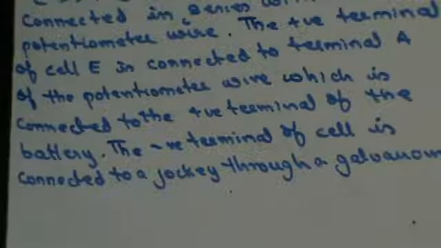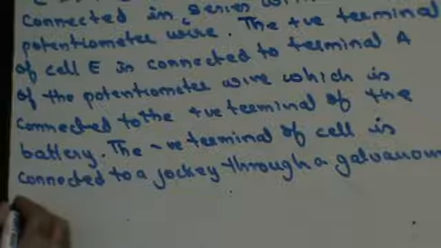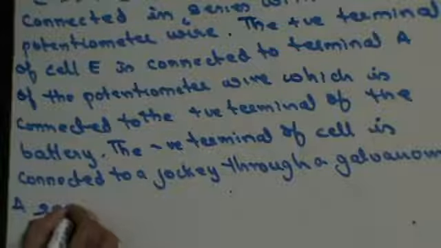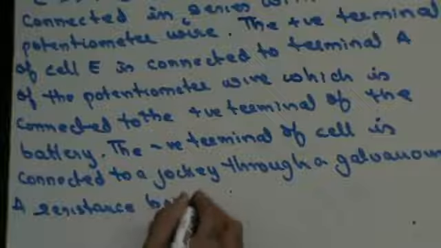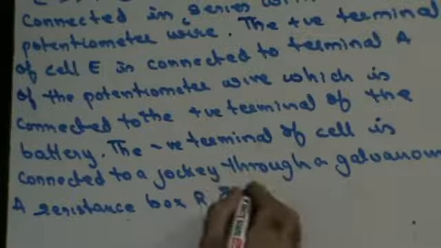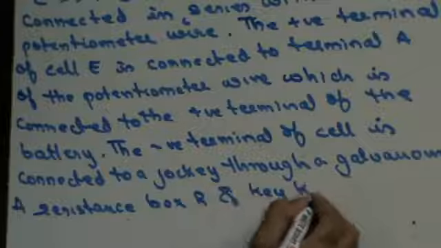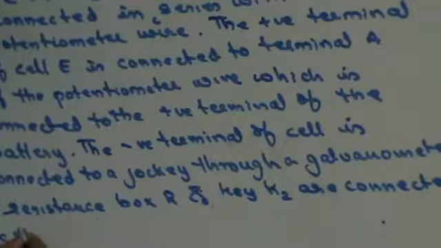Now, a known variable resistance, that is your resistance box R, and key K2 are connected across the cell.